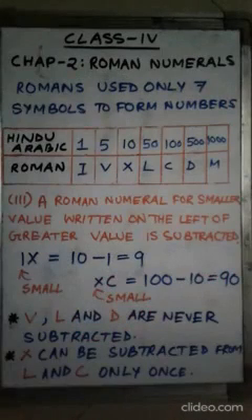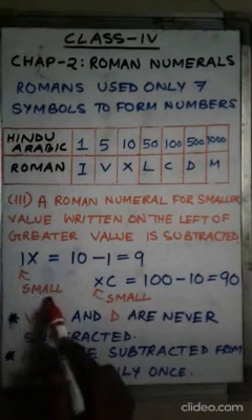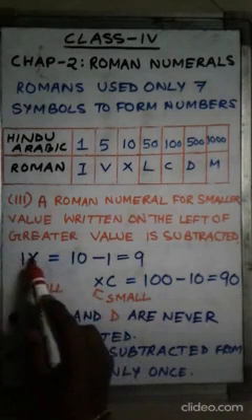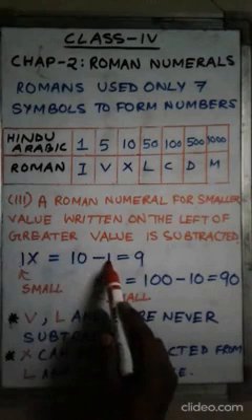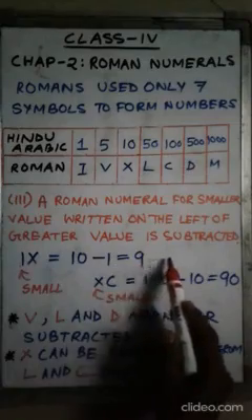Then rule number 3: a Roman numeral of smaller value written on the left of greater value is subtracted. For this, you can see that this is a greater value and this is having a smaller value. So if I am writing it on the left side of the greater value, then the value will be subtracted to get the number in the Hindu-Arabic system.